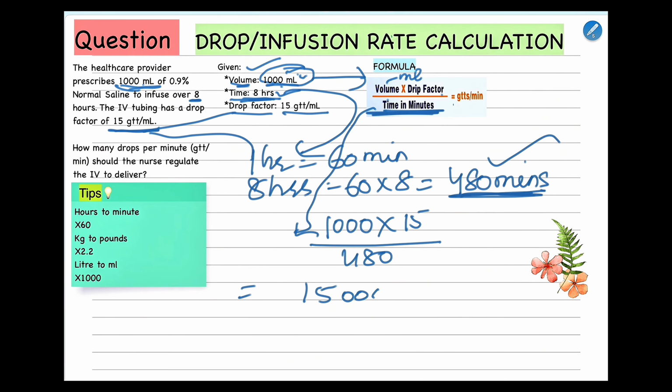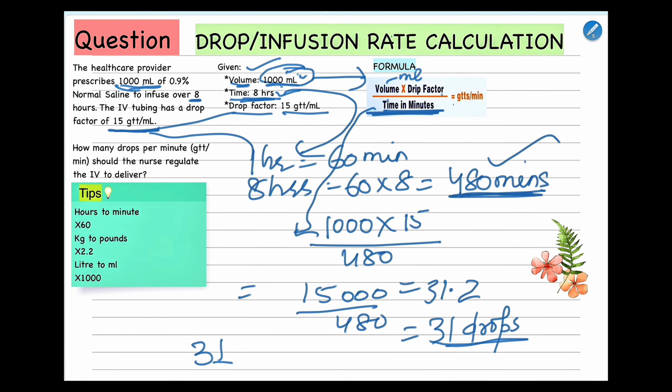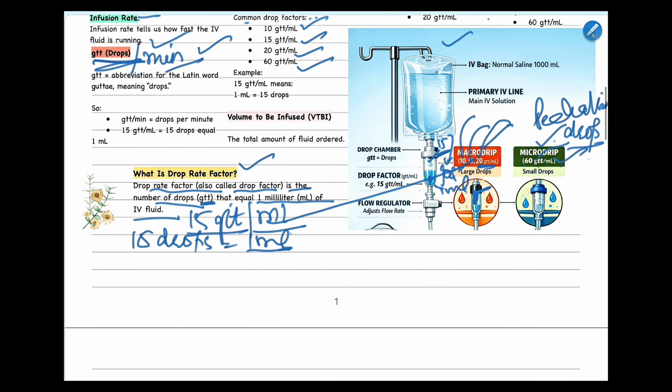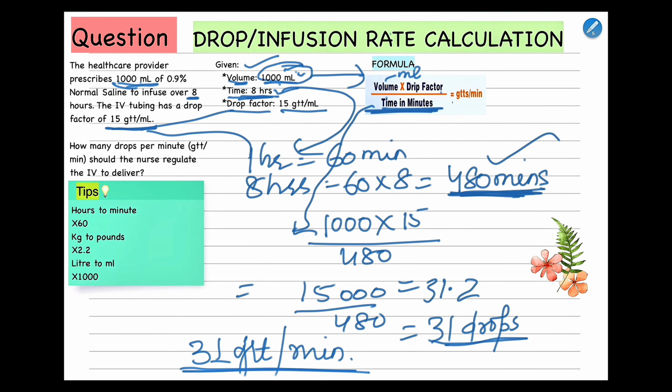So it will become 31.2, which is approximately 31 drops. So the answer is the infusion rate should be 31 gutte, or drops, in 1 minute. So we are going to set our drip set in a way that the chamber drops 31 drops in 1 minute. So this was the simple, basic example.